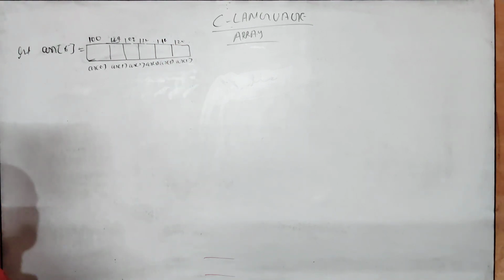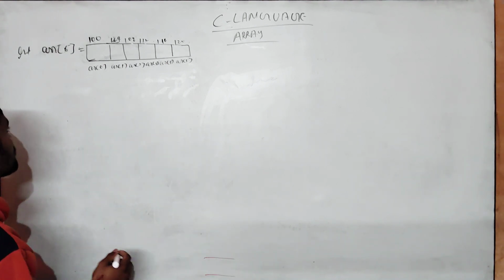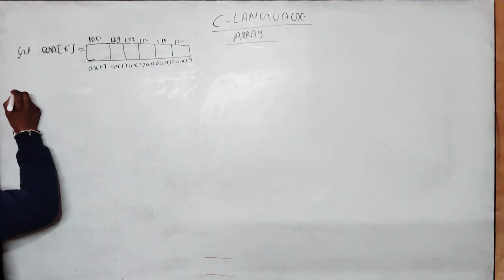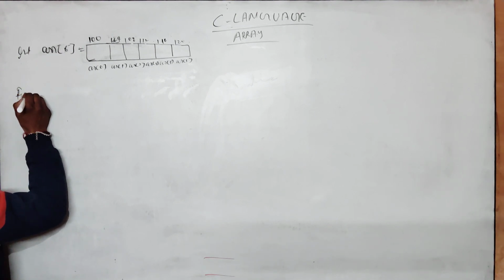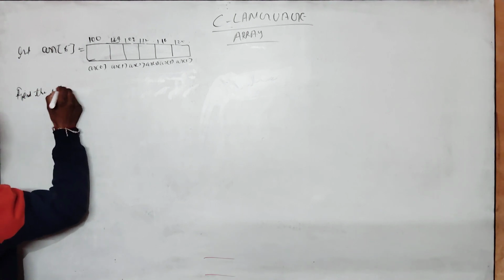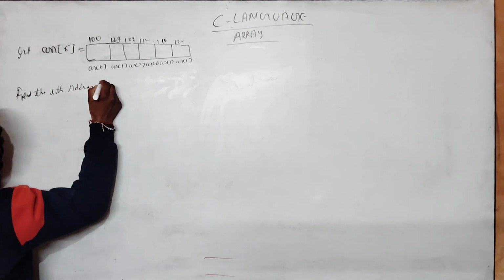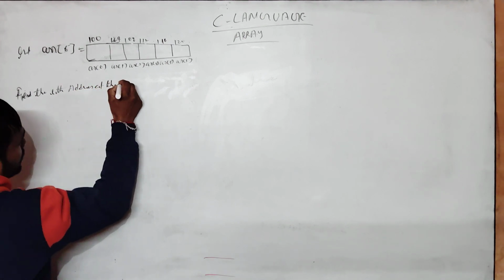How do we find the ith address of the array? Now I'm going to write the formula. Find the ith address of the array.